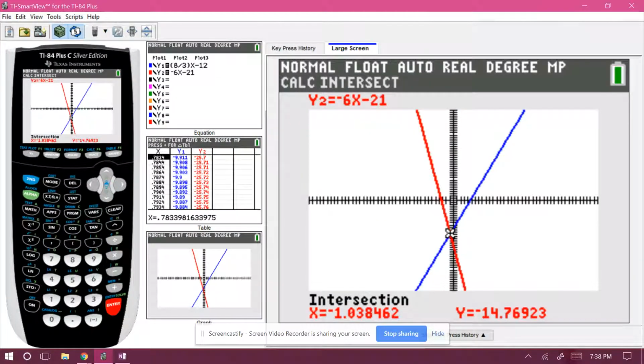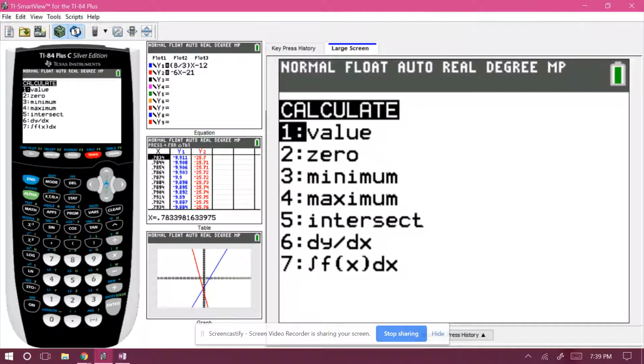If I zoom in a little, you can see I wouldn't be able to guess that by hand, so your calculator is going to be an essential tool. Like I just said, to find those, you enter your equations into your graph, then you do second calc and choose number 5. So the first way to solve systems of equations is by graphing. Next videos are going to give us some alternate methods.